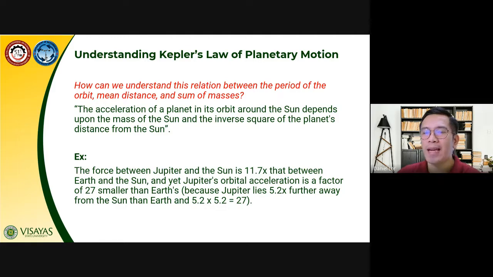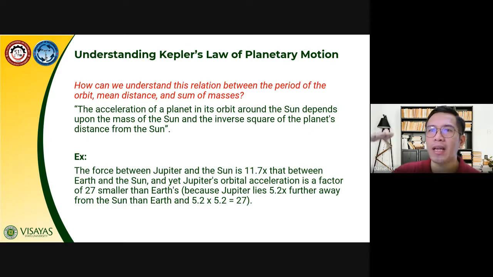So kaning mga planet nga Mars, Jupiter, Saturn, Neptune, Uranus, mas hinay ang ilang orbital speed. And slower orbital speed in a larger orbit means that its orbital period must be longer. So sa atong module 3, we will discuss the orbital periods of the different planets in the solar system.